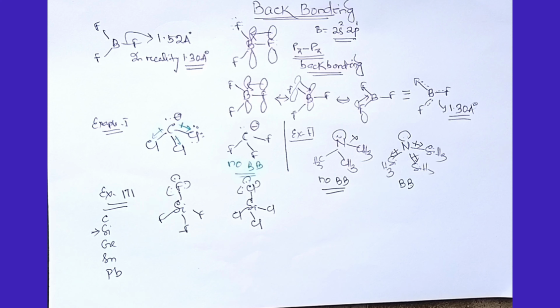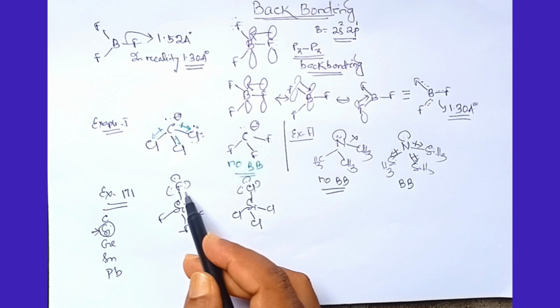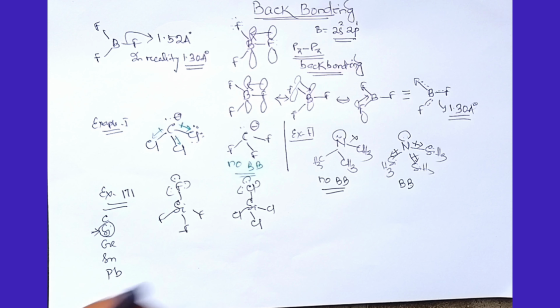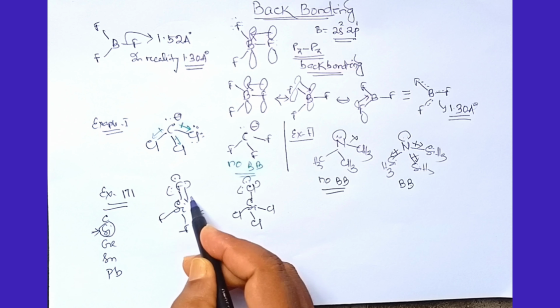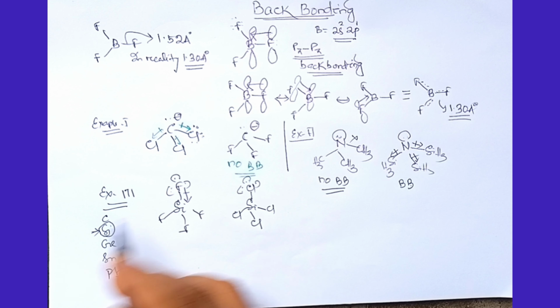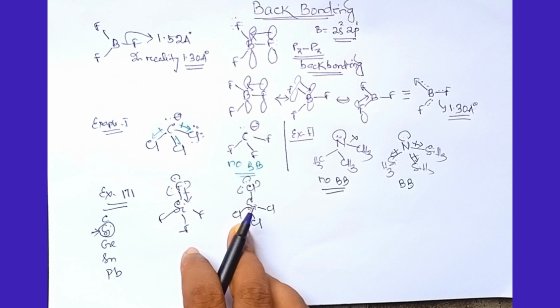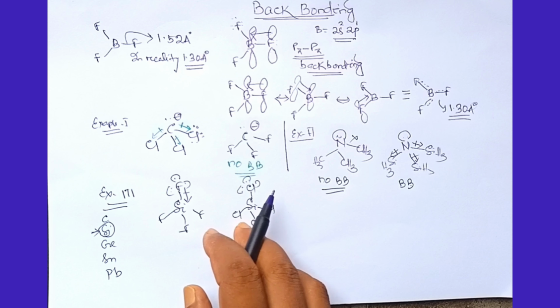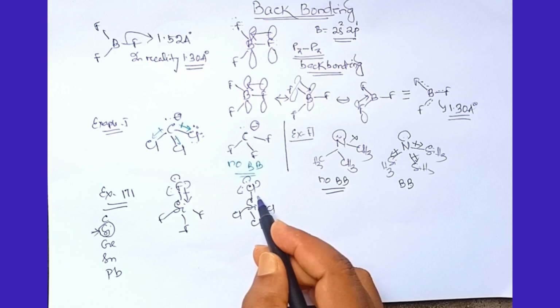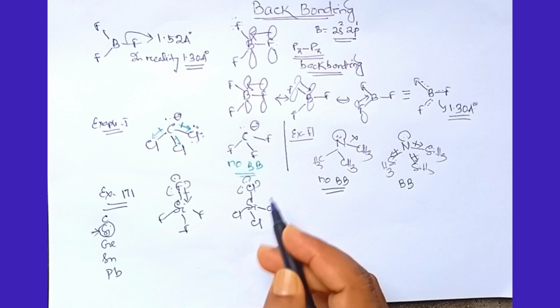So from the knowledge of quantum numbers we know silicon has the vacant orbital, so it can easily accommodate the electron pair from the fluorine. So here back bonding is possible. Similarly here chlorine can also donate the electron pairs towards silicon.